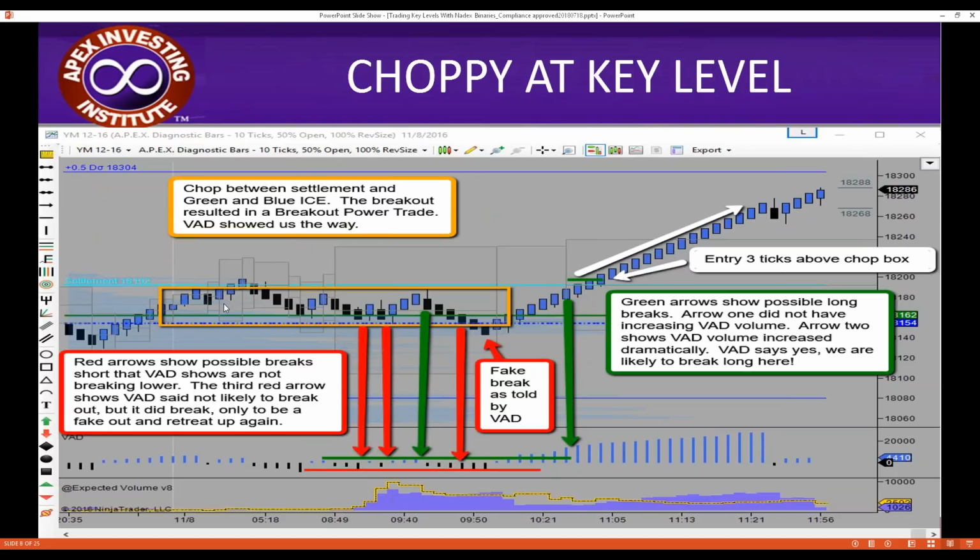Inside the box, inside the kink, look at the pushes to the upside. See, the blue is the upside. Blue, blue. What do you see here? Build, build, build, build, build, build, build, build. And as it's breaking out, what do you see?